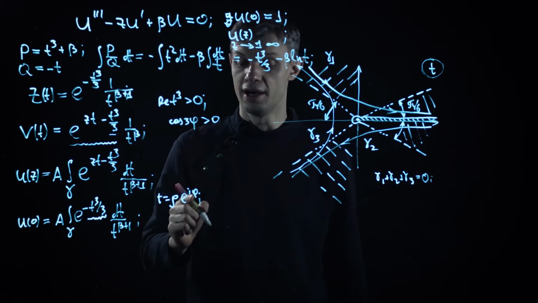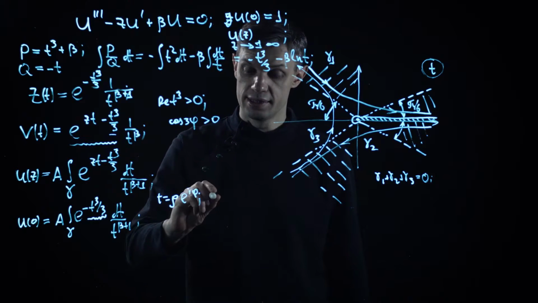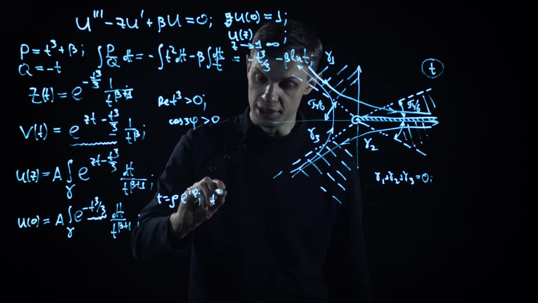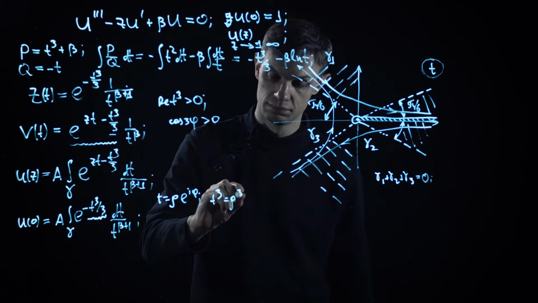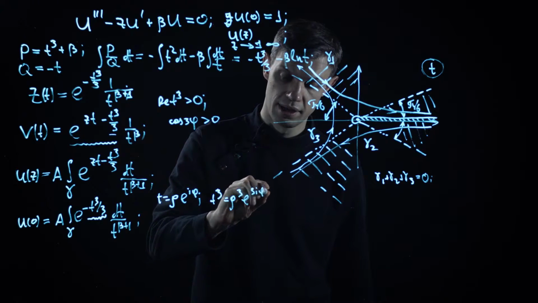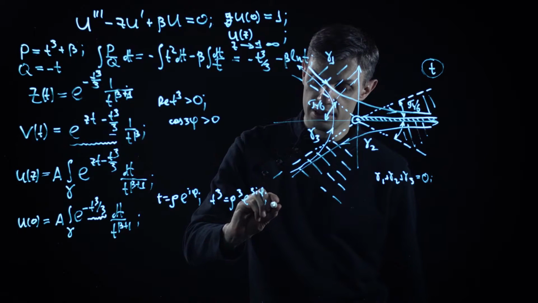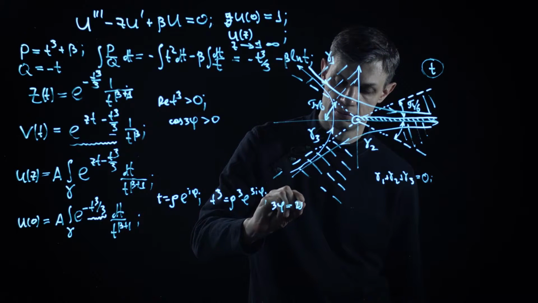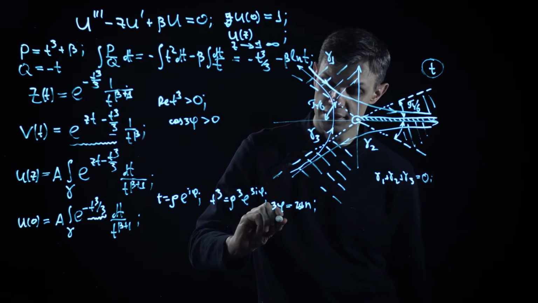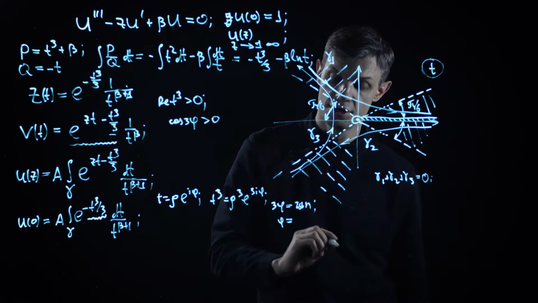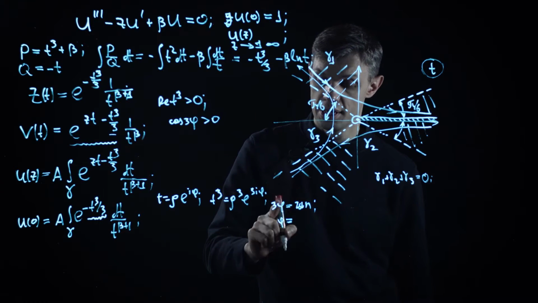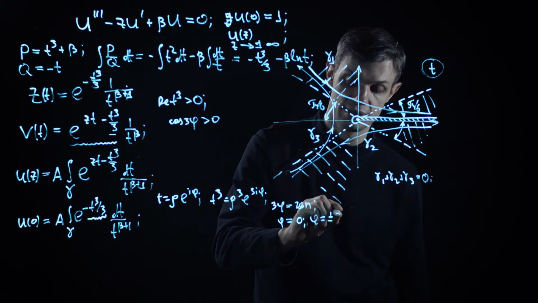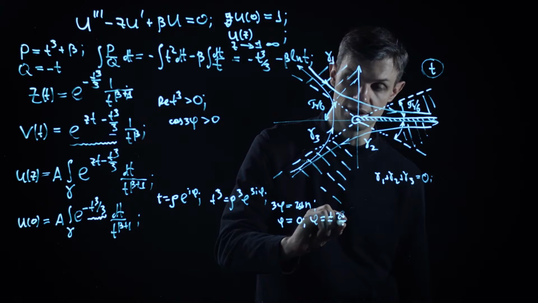Then t cubed has the argument 3 phi, and if you want the whole thing to be real, then 3 phi should be equal to 2 pi n. Here are the possible placements of our directions: phi equals 0, or phi equals plus or minus 2 pi over 3.